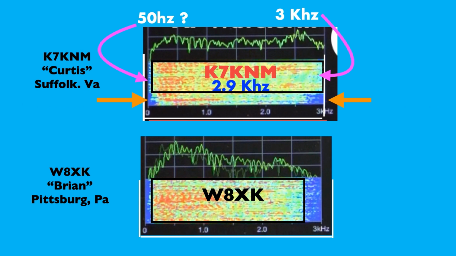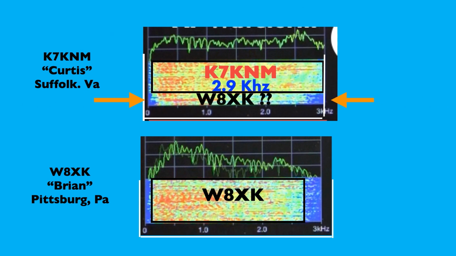Now, the last station that talked to K7KNM presumably was W8XK, but this is kind of a sloppy profile up here, and it's very different than this nice, neat, boxed-in audio signature down below. But let's look at his roll-off, or cut, rather. I think it's about 120 hertz out there. We don't have the scope resolution to be able to read down that far, so I'm guesstimating there.